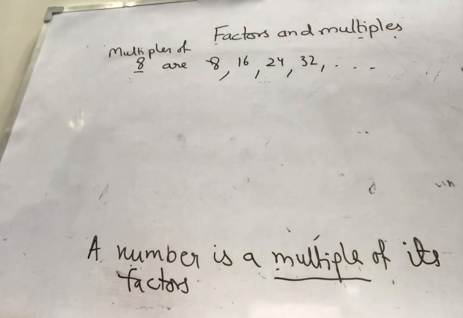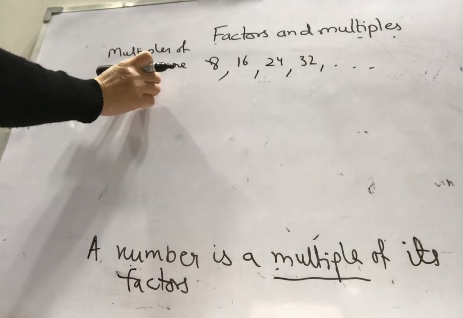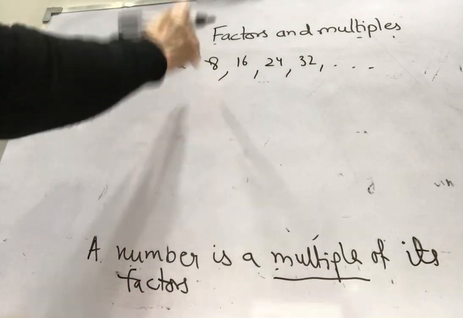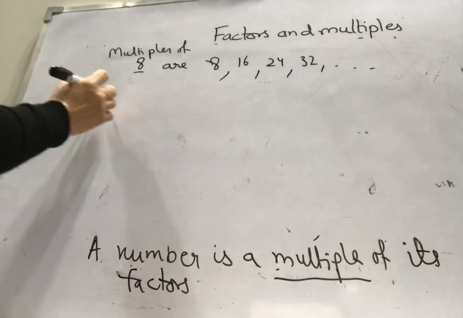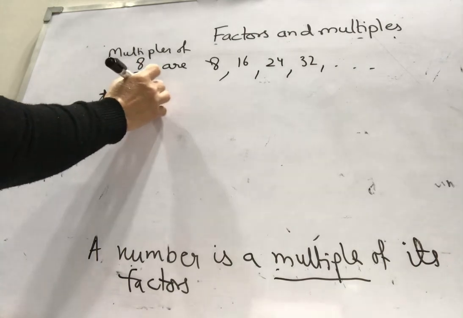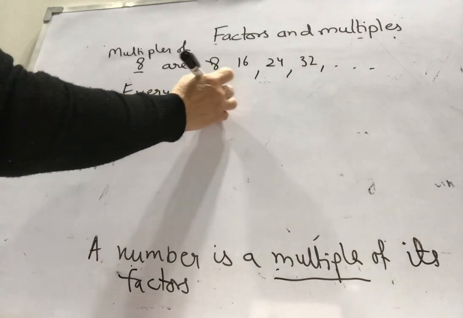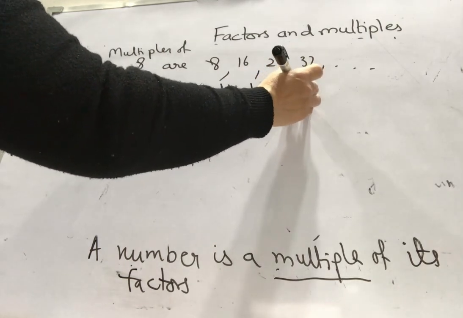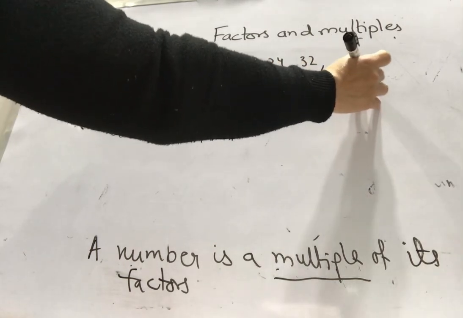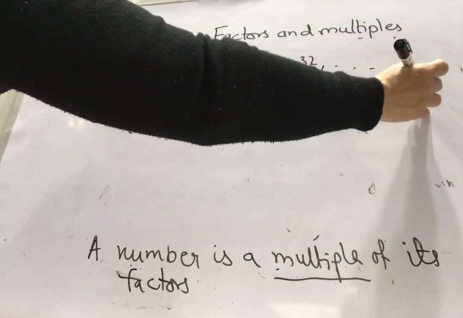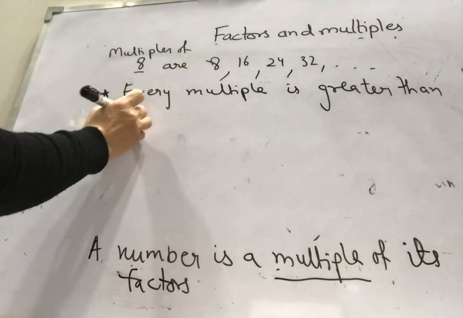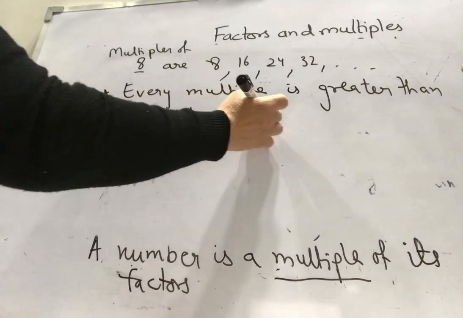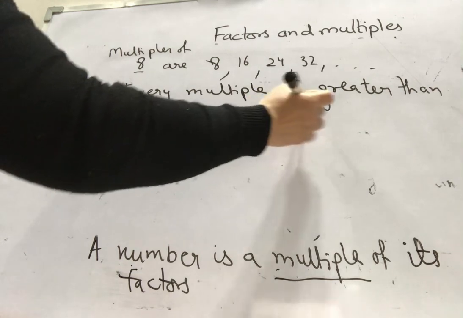So what we can see is that my number was 8, and multiples are either equal to that number or greater than that number. So we can write every multiple is greater than or equal to the given number.